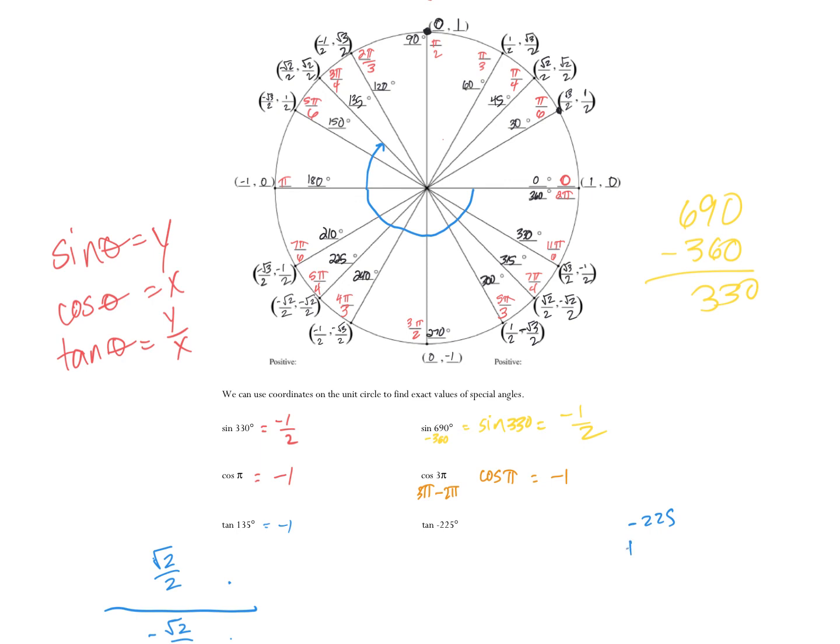Just add one full rotation to see where we are. Right on. You can always add or subtract a full rotation, whether that be 360 degrees or 2 pi. And since it's in the exact same location, I'm going to call that also -1 for the exact same reason this one was -1. They're the same angle, they're coterminal.